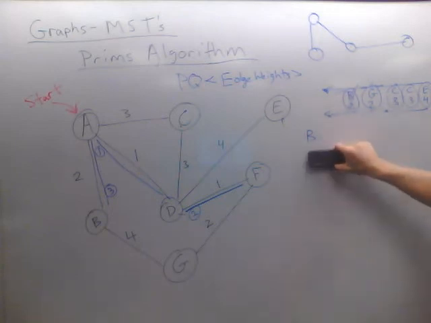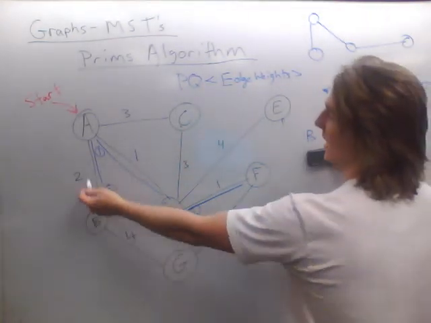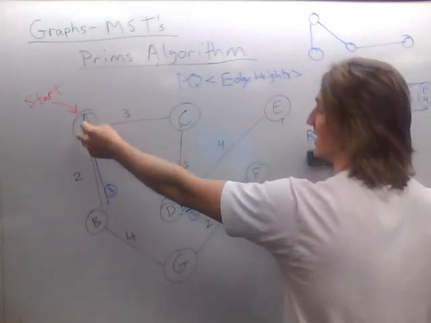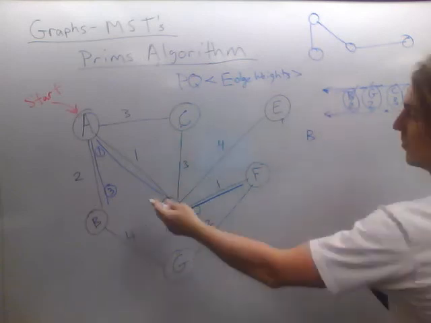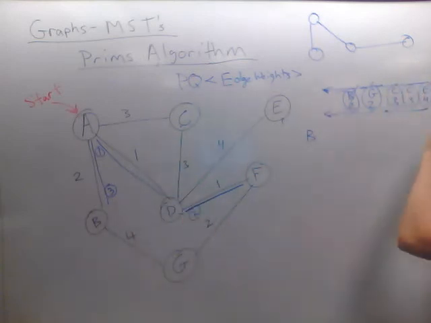So now I'm at B, and I can get to A with cost 2, or I can get to G with cost 4. But we've already visited A, so I have to add B4 to this list. So B4 goes to the end of the queue. So we're done with B.